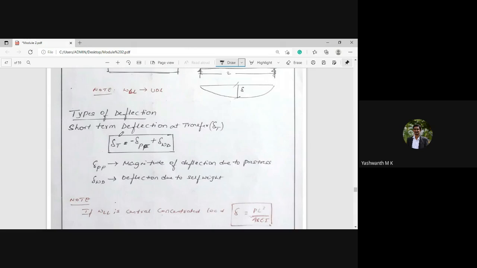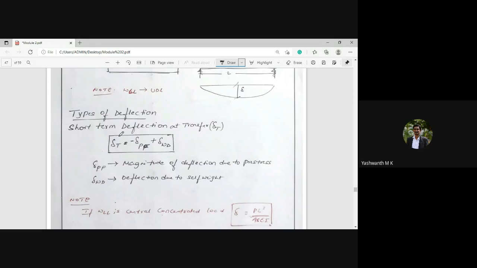Whenever you calculate the deflection for any uncracked structural member, that is a PSC member, by considering the loads and the pre-stressing force, those deflections are called short-term deflection.